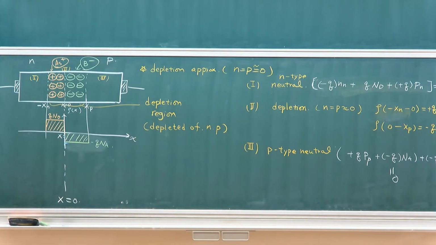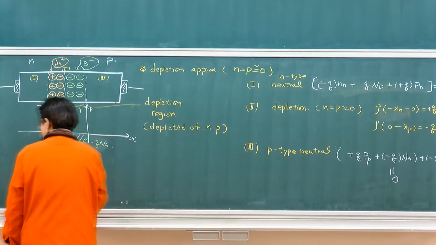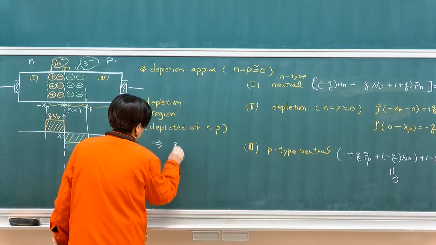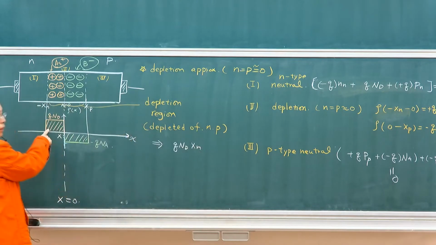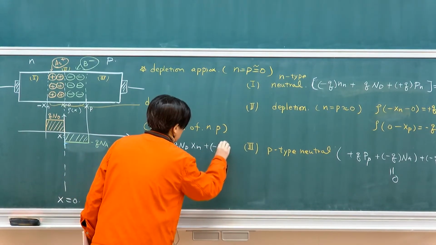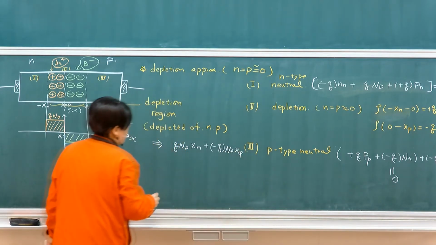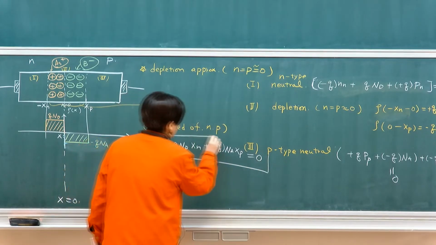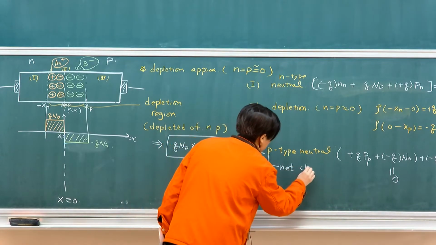It should balance itself so that for charge neutrality of the whole device, q Nd times xn, that's the area, plus minus q Na times xp, these two should sum to 0. That means the net charge is zero.